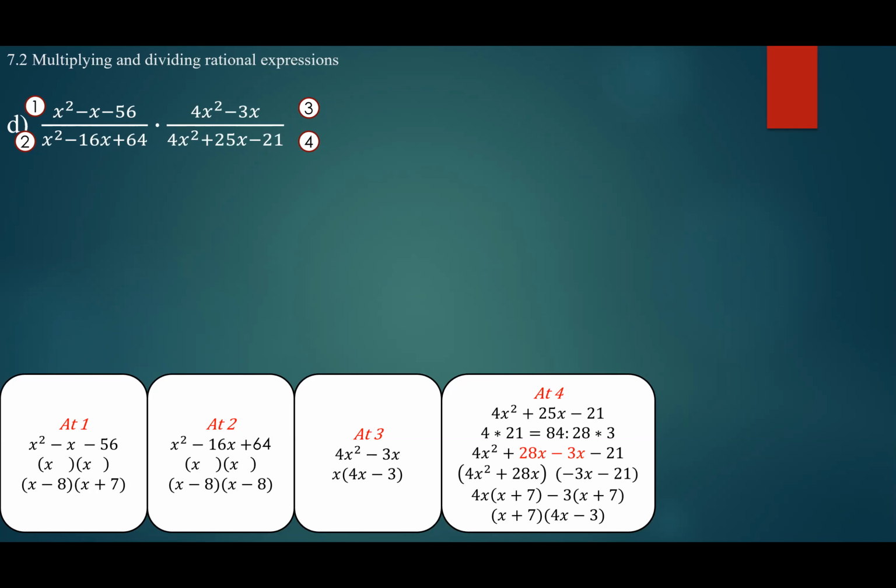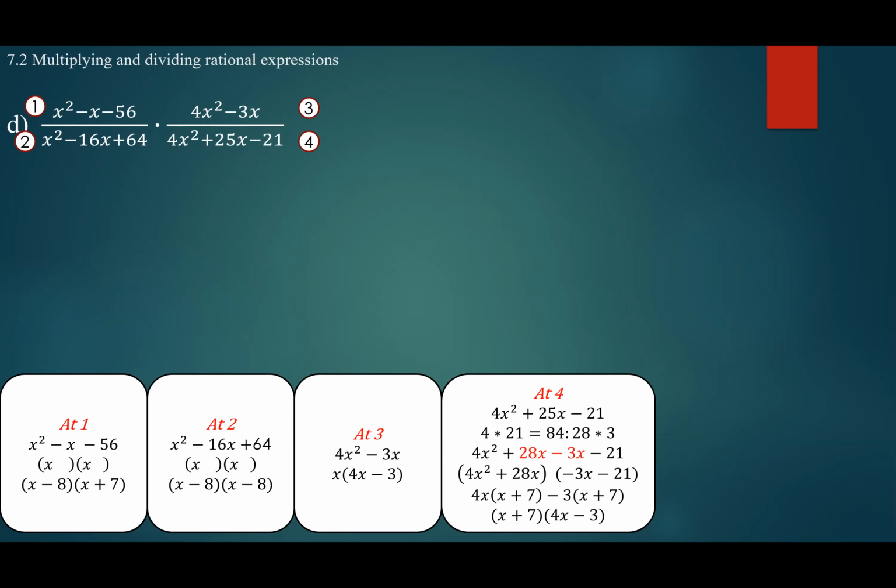Are there 2 numbers multiplied to give me 84, but subtracted to give me 25? 28 times 3 is 84, and 28 minus 3 is 25. So I rewrite the problem. Instead of 25x, I write 28x minus 3x, because that eventually will give me 25x. Once I rewrite the problem, I need to group them.